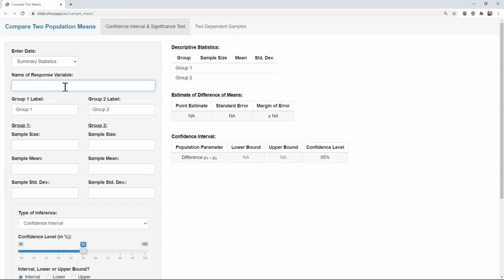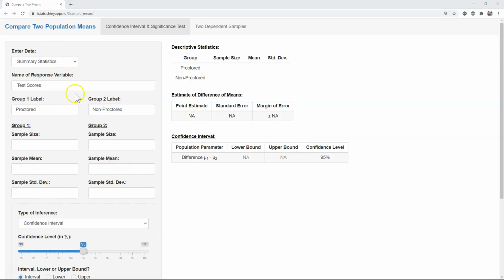And so what is it that we're measuring? Let's just give it an appropriate response variable name. We're measuring test scores. And we have two groups. Our group 1, if you recall, what did we call that one? Was our proctored group. And our group 2 was our non-proctored. Again, how you label it, as long as it makes sense, is going to be fine. And then we can start putting in the information that was provided here.